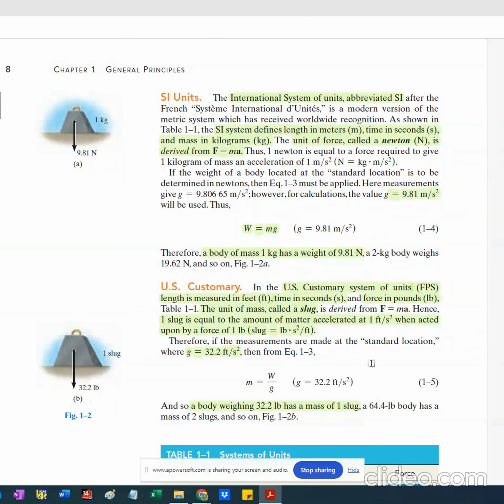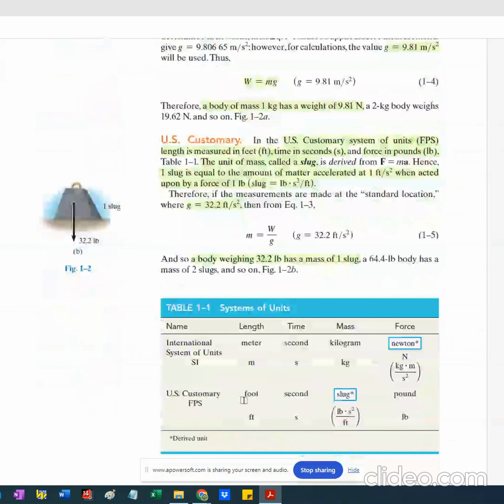In US customary units, the fundamental units are length, time, and force, and mass is defined using Newton's second law in terms of the other three.